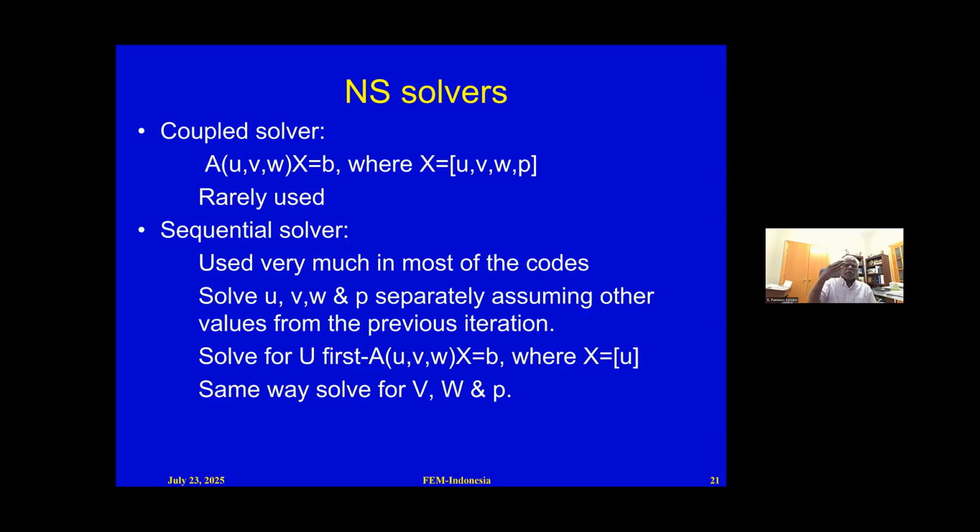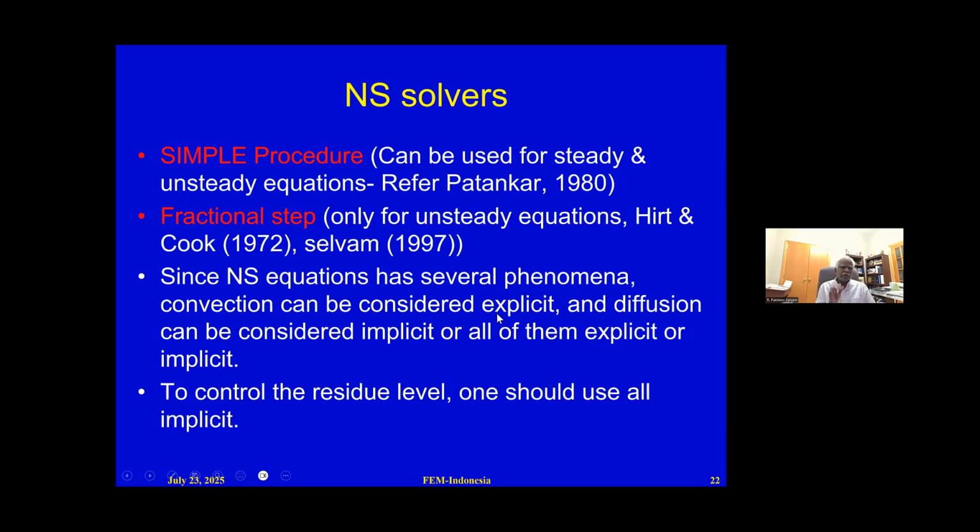When you solve them, if it is completely implicit, then you do subiterations until the error is reduced. That is what I was explaining here. Then for pressure-velocity coupling, how it is handled does not matter whether it is a finite difference or finite element method.